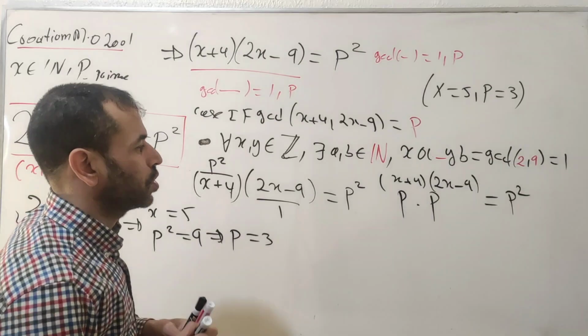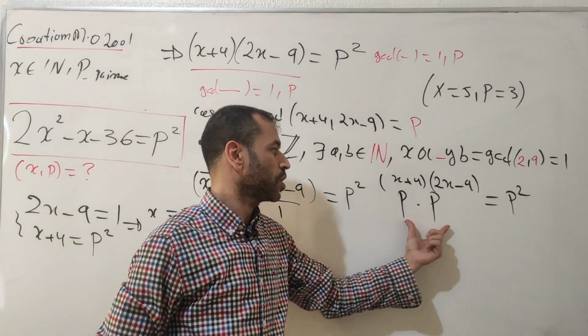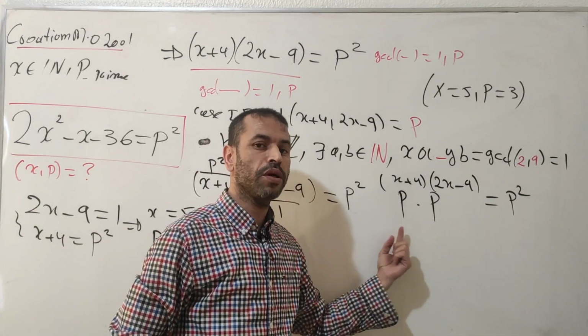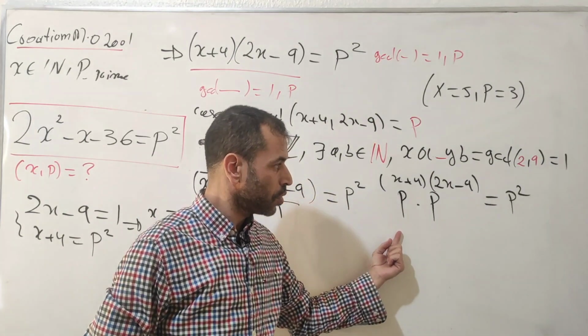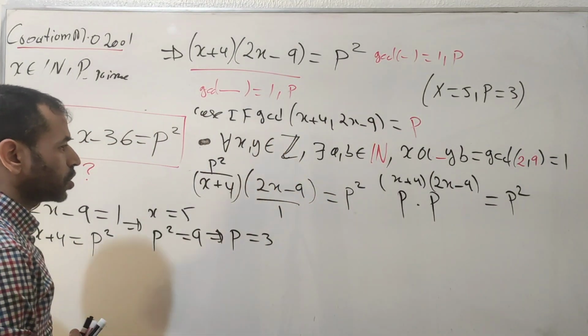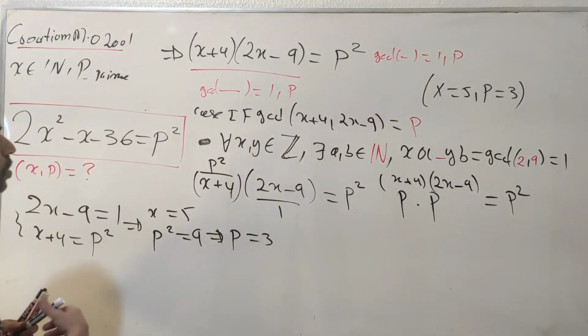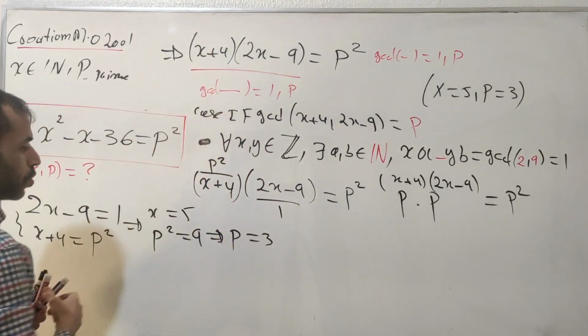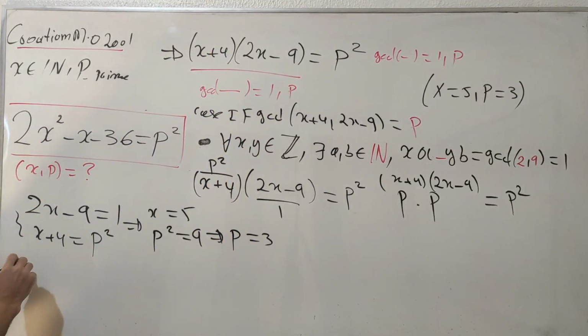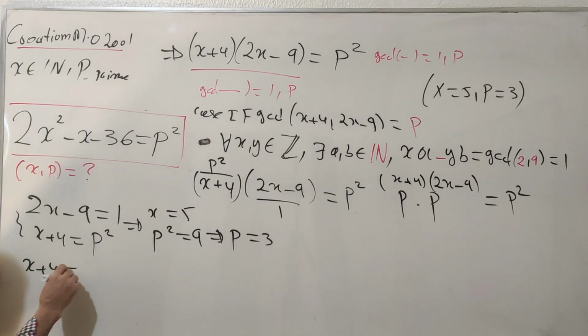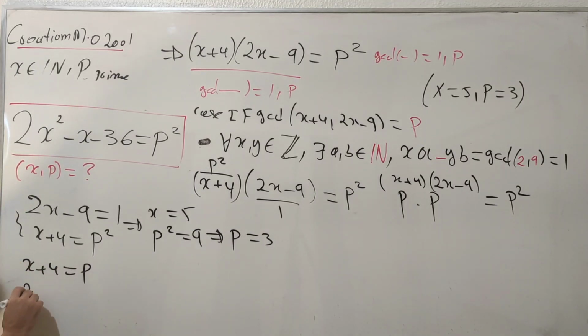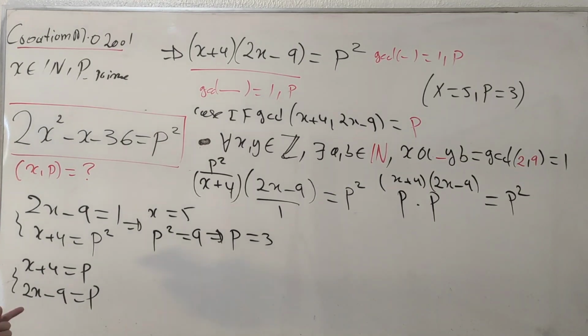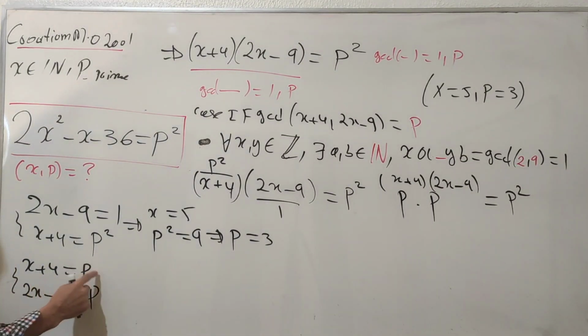In this case the GCD equals p, because this one is divisible by p as well as this one. So now let's replace: x plus 4 equals p, and same thing, 2x minus 9 equals p. So let's set this equation equal to this one because we have equality.